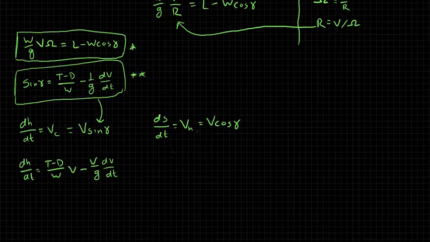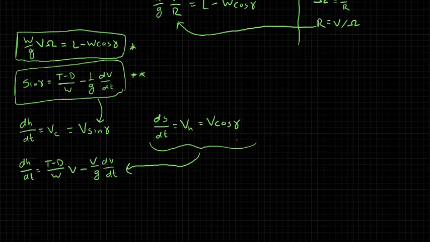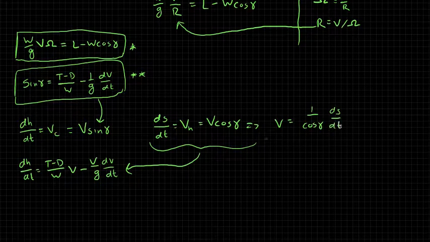Now, if we use this expression here and solve it for V and plug that in, hold on just real quick, I'm going to rearrange this. This implies that V equals 1 over cos gamma times ds/dt.